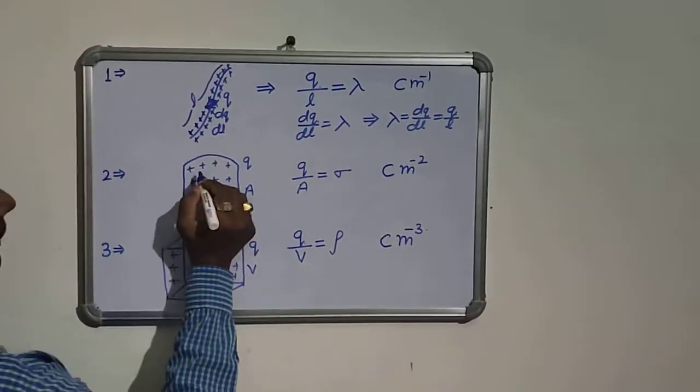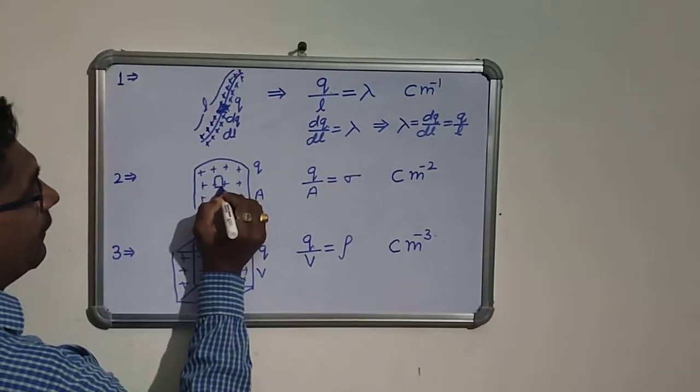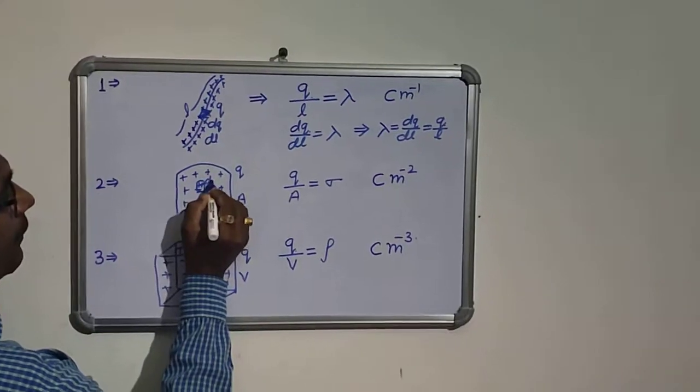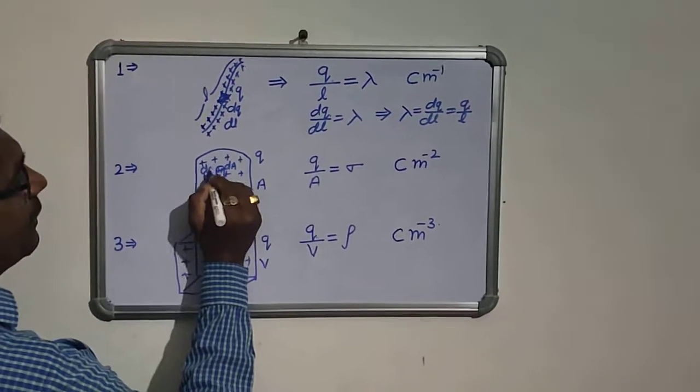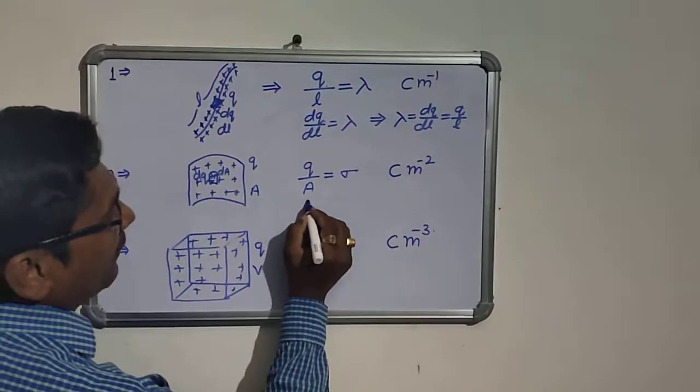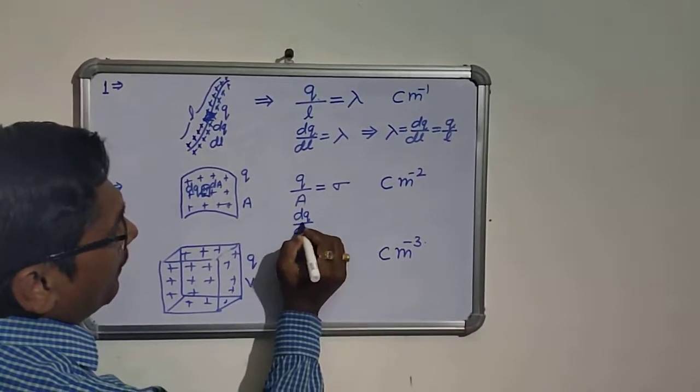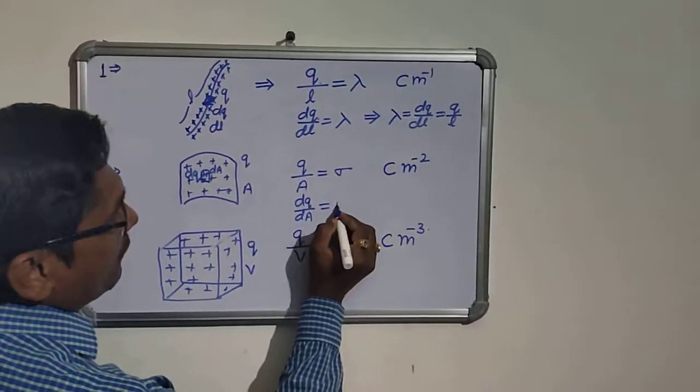Similarly, a small segment of this sheet is dA and the charge on it is dq, and this is represented by dq by dA equals sigma.